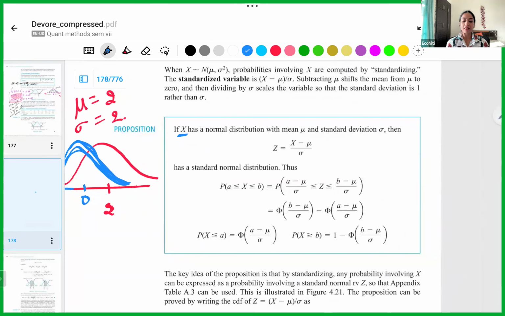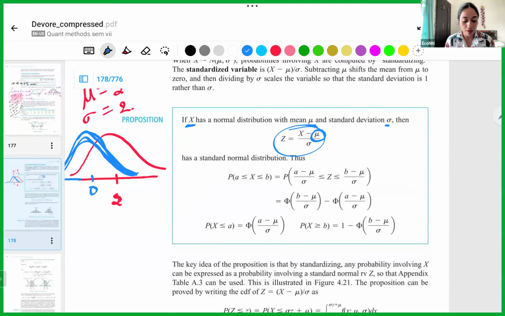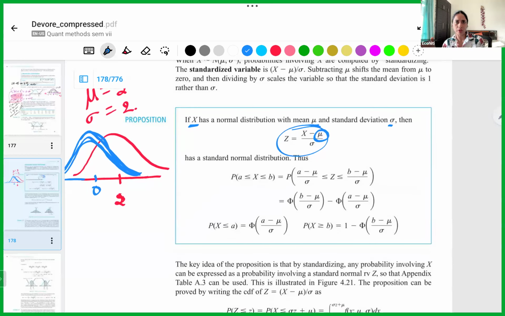If x has a normal distribution with any mean, any standard deviation, then you can define a z variable which is a function of this. इस x में से अगर तुमने उसका मीन माइनस कर दिया, फेमिलियर लग रही है ये चीजें? x का सेंटर अराउंड 2 है, और वैल्यूज माइनस इन्फिनिटी टू प्लस इन्फिनिटी। Now हर वैल्यू जो ये लेता है, मान लो इसका वैल्यू अगर 3 है, then you define a z which will equal to what?